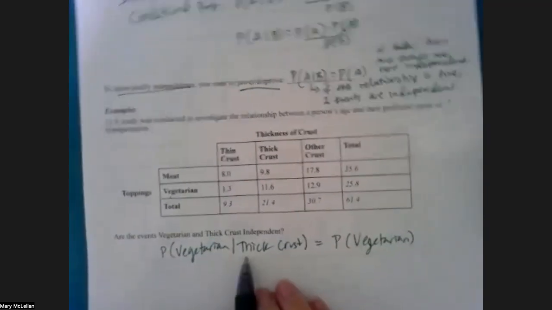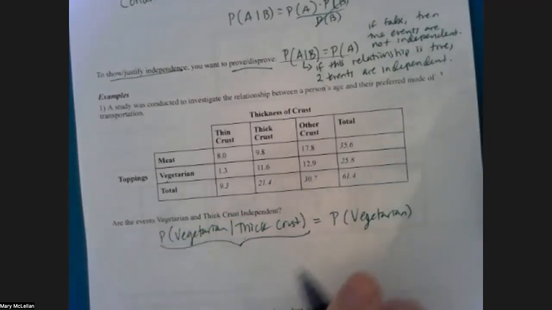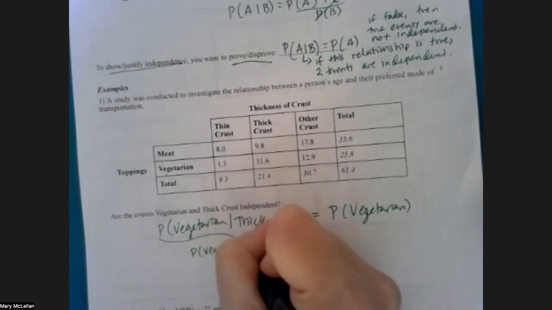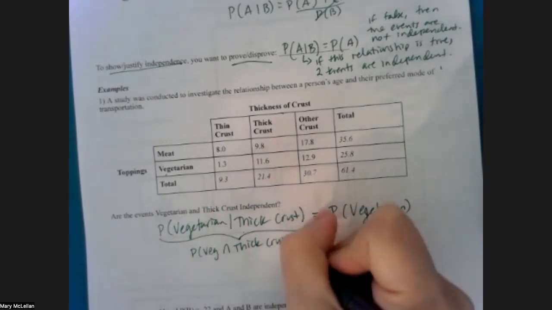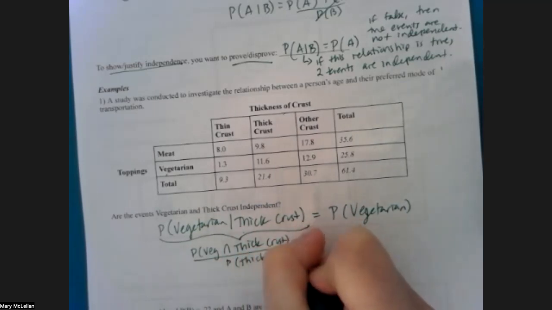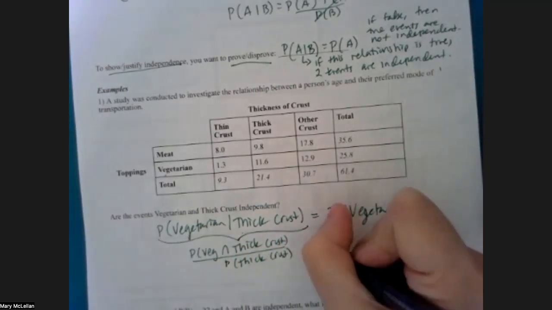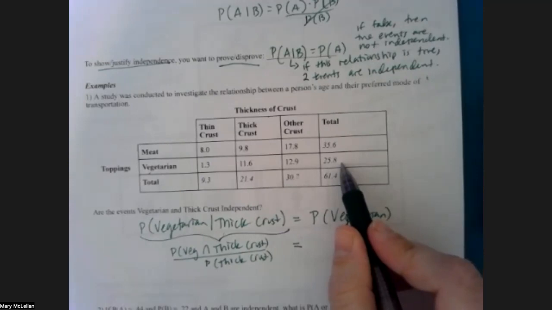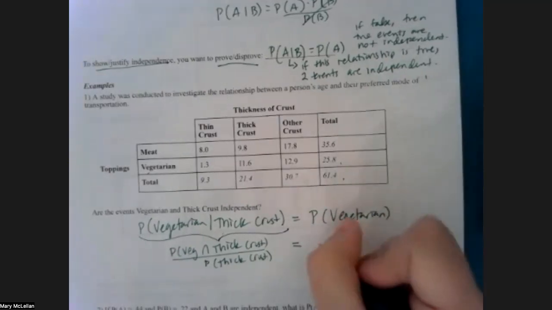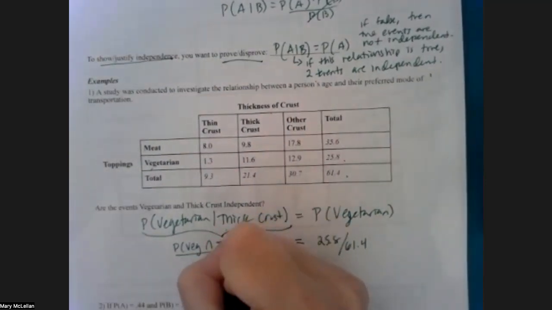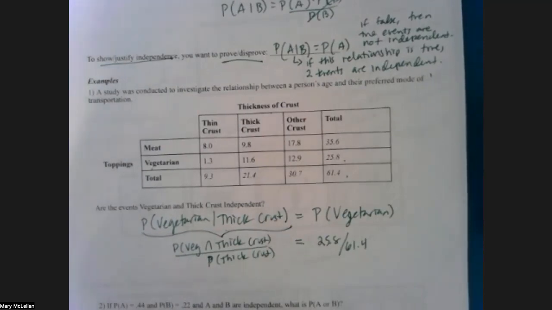So for the left-hand side of my equation, I have the probability of vegetarian and thick crust divided by the probability of thick crust. And I want to check if that's equivalent to the probability of vegetarian. And that one's pretty fast. That's just 25.8 divided by 61.4. So here I've got vegetarian and thick crust.